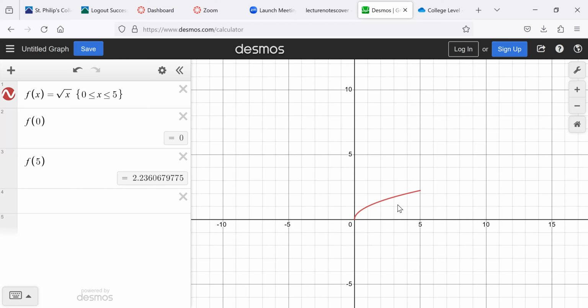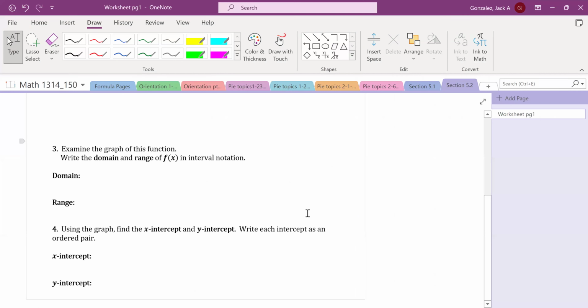Okay, let's do a rough sketch using this right here. No big deal, right? Let's look at the domain, looking at that picture.